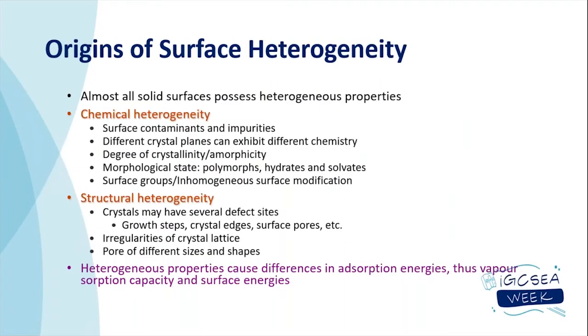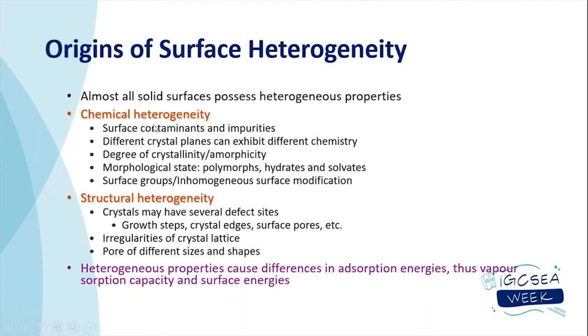The information I showed previously is what's often called infinite dilution surface energy. We can also look at the heterogeneity of the surface by doing experiments over a range of concentrations.